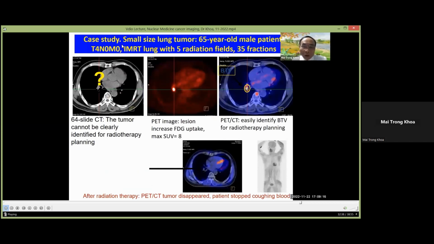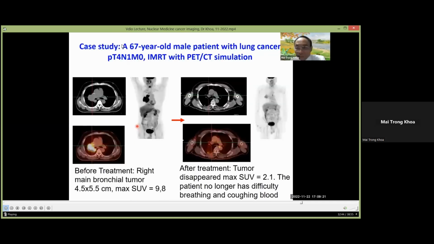For the simulation, this patient responded completely to the treatment and the tumor was destroyed. You can see before the treatment and after treatment, you cannot see the tumor, the lesion.